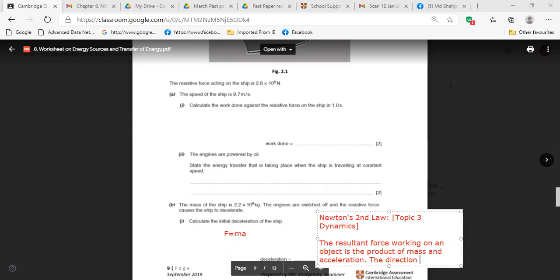The direction of acceleration is in the direction of resultant force.